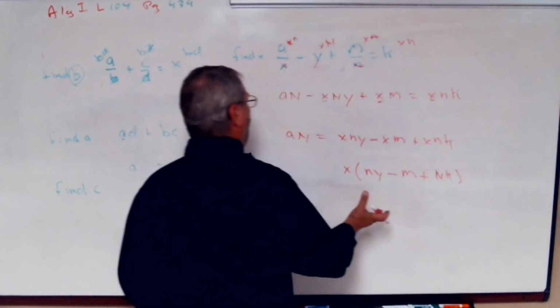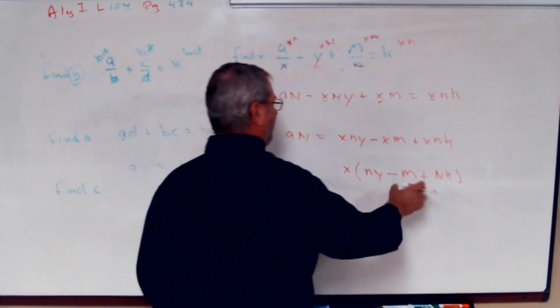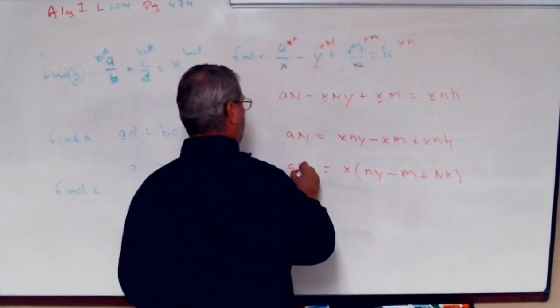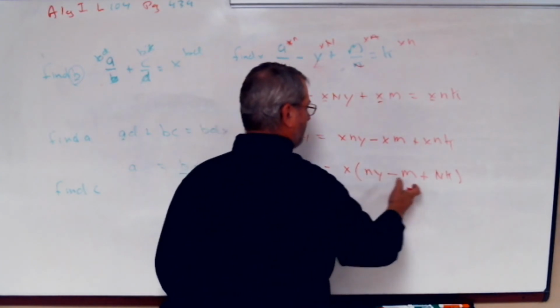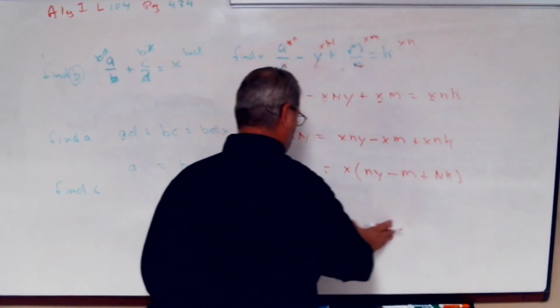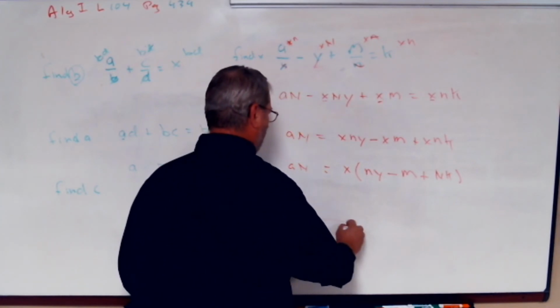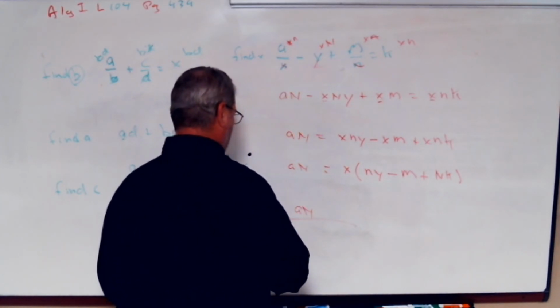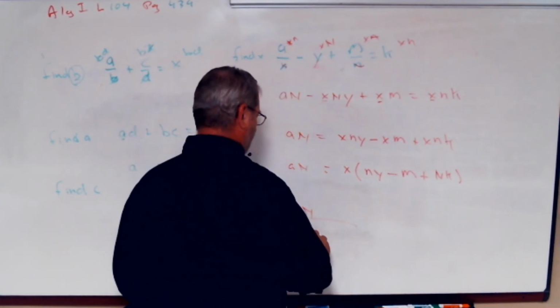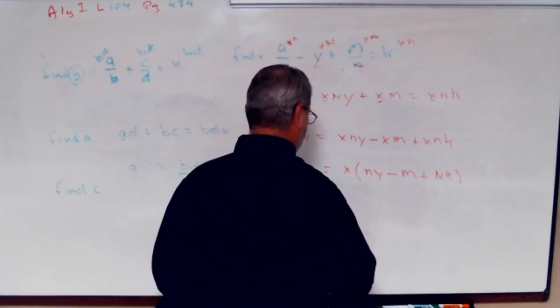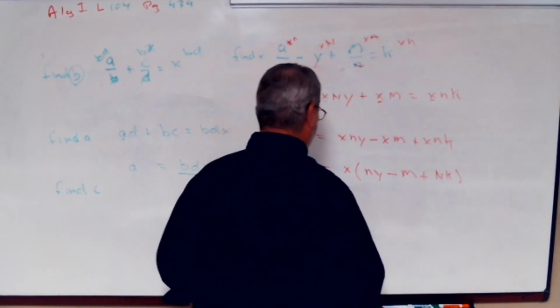Okay, so what I'm going to do is divide. This stays here. I'm going to divide by this whole thing. I'm just going to take the whole thing and put it down here, right? An over ny minus m plus nk.